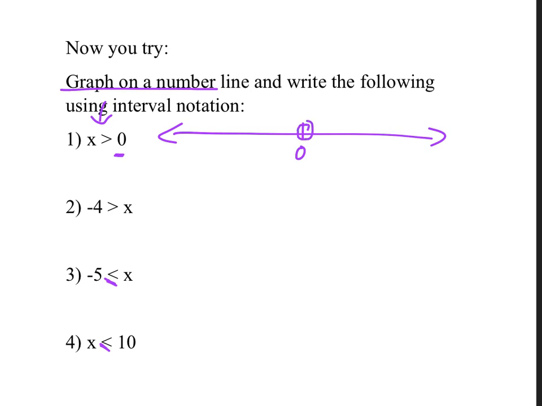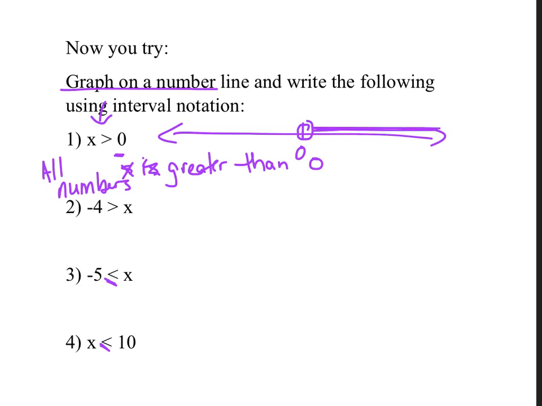And then it's saying X is greater than 0. So it's saying all numbers greater than 0. So all the numbers bigger than 0 are going to be on this side. So this is the graph.